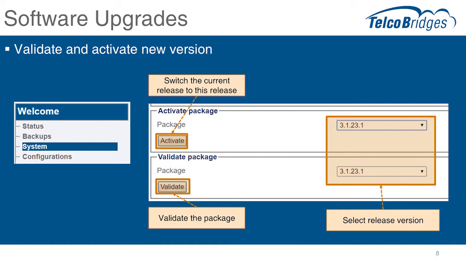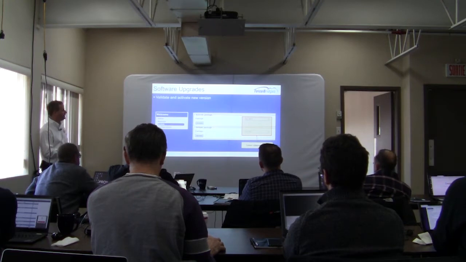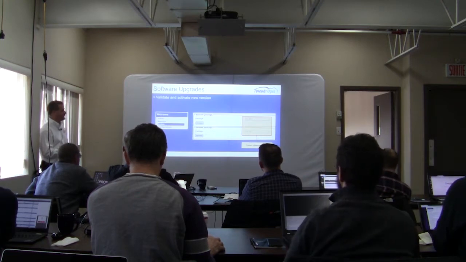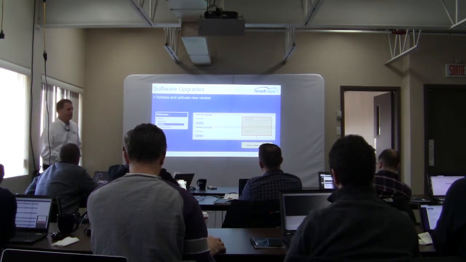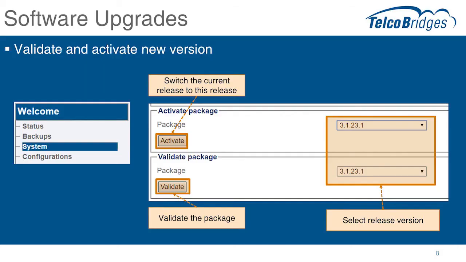You see the 0.1 there, 3.1.23.1. Mostly it's going to be 0.1. Select the release version, validate the software, and then activate the new package once it has accepted that this is correct. If you don't do validate and you just do activate, it's still going to do the validation first. But if you want to do it beforehand, let's say in the day, then you can do validate like this.